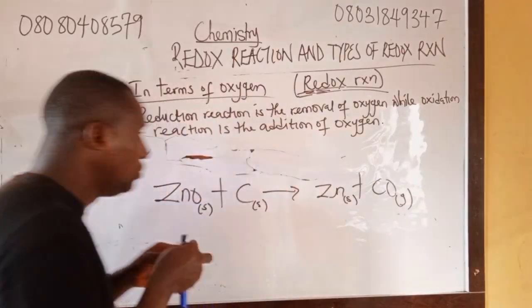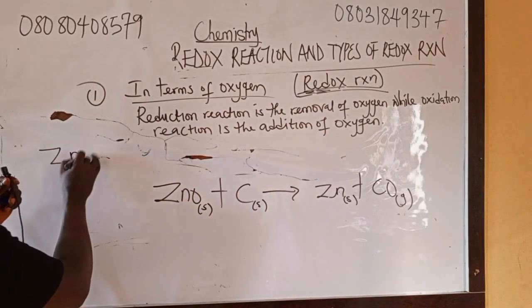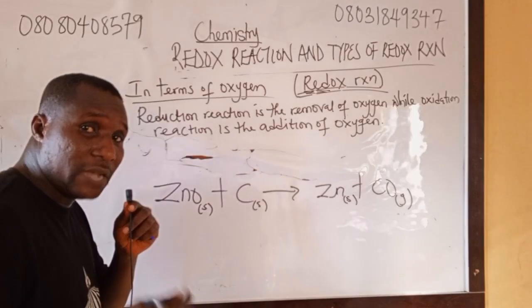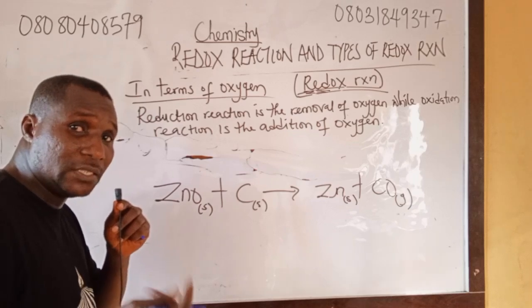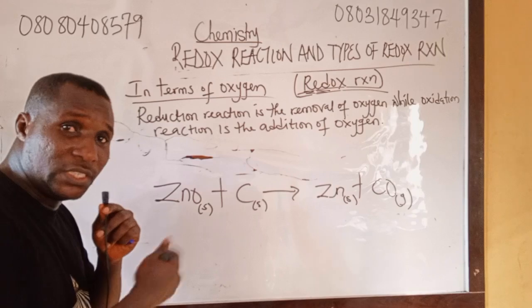Let me illustrate this. I have zinc oxide. What is the oxidation number of zinc in zinc oxide? I've taught you how to calculate the oxidation number of an element in a compound. Go and watch the video on naming of compounds. You will see it there.